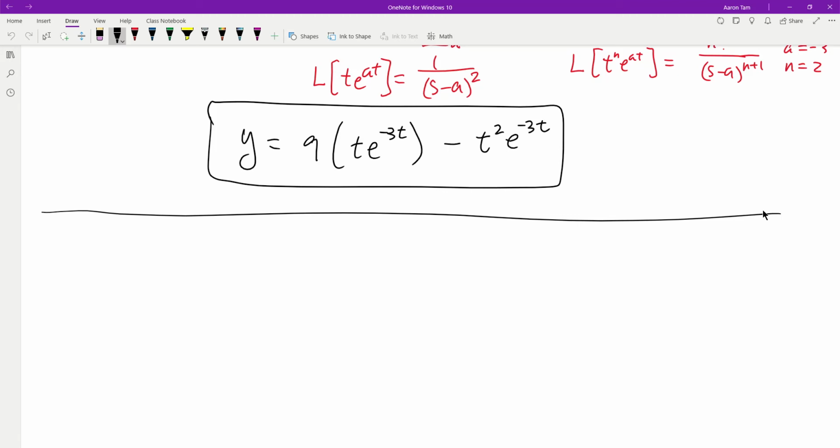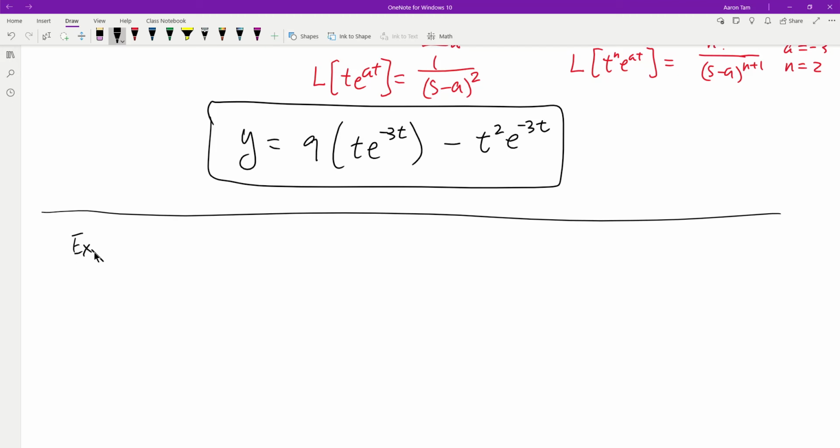And once you did that, you're basically using the table of Laplace transform, and since you know what the Laplace transform of y is, you can then reverse engineer what y is. So we are now on the last step of the problem, which means that we have the Laplace transform of y broken down into partial fractions. Now it's just a matter of using the table to find out what y is.